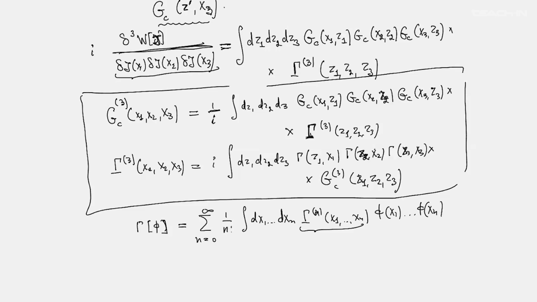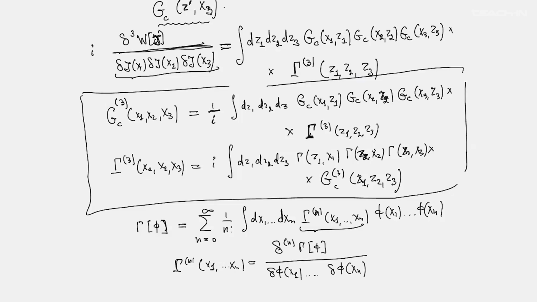So gamma n was defined as a kernel of this gamma, which is simply the nth variation, the derivative of gamma with respect to these fields phi on x1, phi on xn.